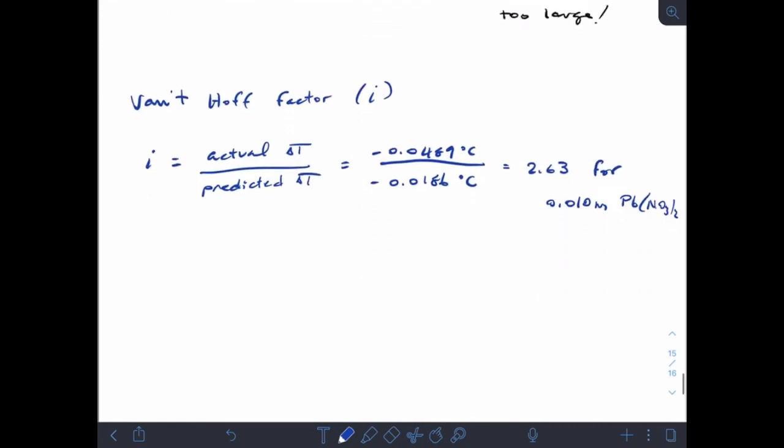Okay, so what the van 't Hoff factor really is, is the effective number of particles in solution. So we found when we just assumed perfect ionization, we should have gotten exactly three times the number of particles. But when we put that into the equation, it didn't come out right. So the van 't Hoff factor is the effective number of particles. It's not exactly 3.